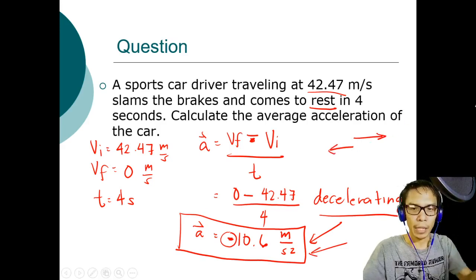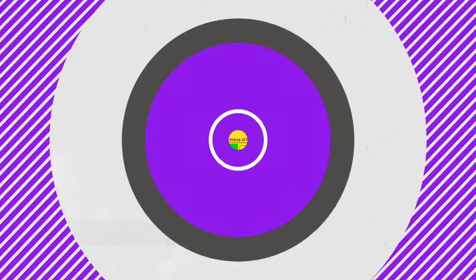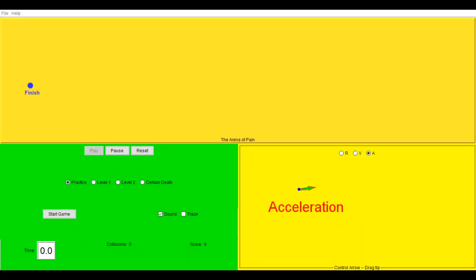Let me demonstrate it in the simulation. Here we are again in the simulation. Let me demonstrate what deceleration is, that we were talking about earlier. If the object is traveling and then suddenly it stops. Unfortunately, our object went somewhere else.